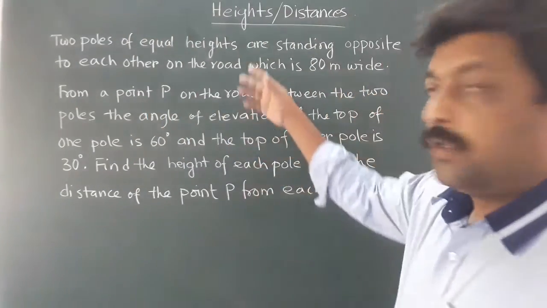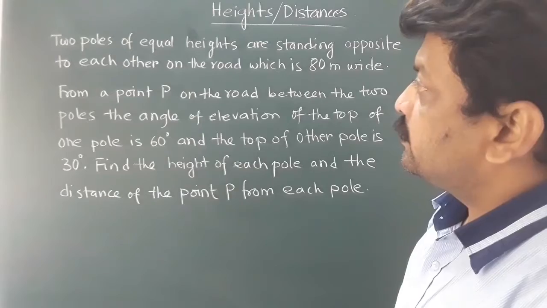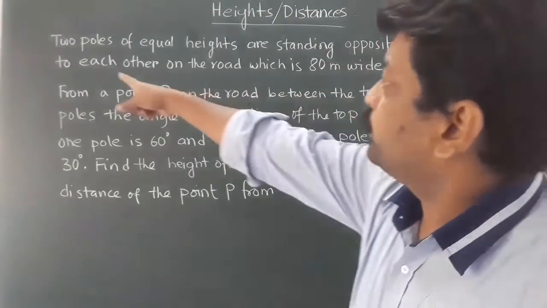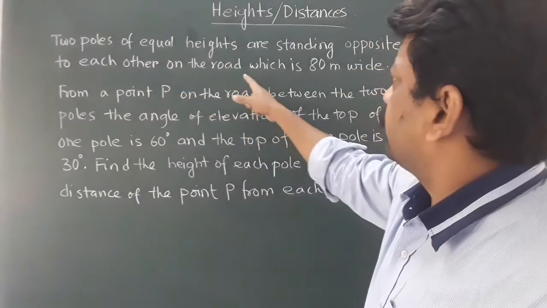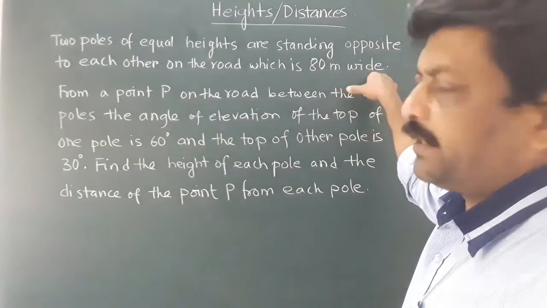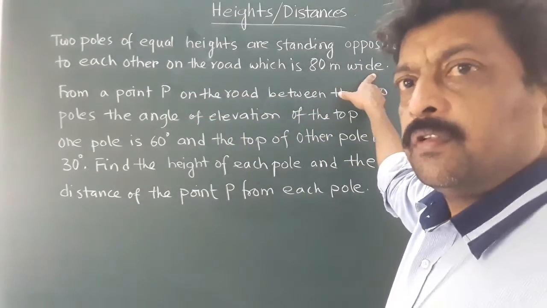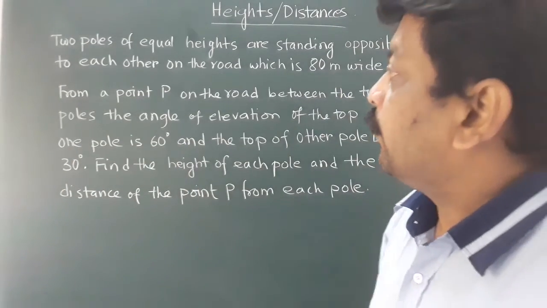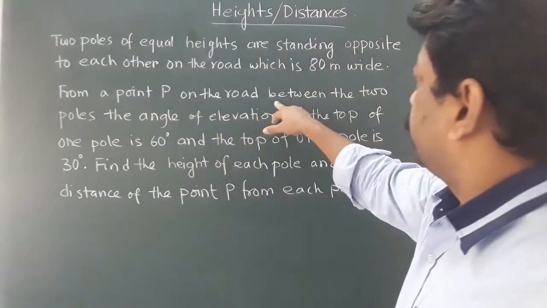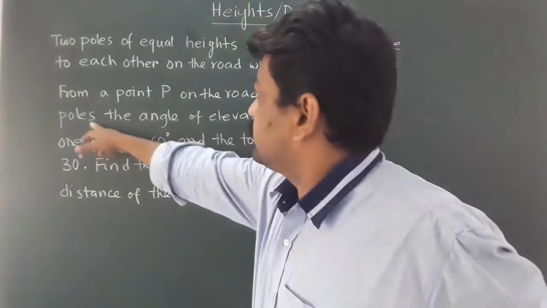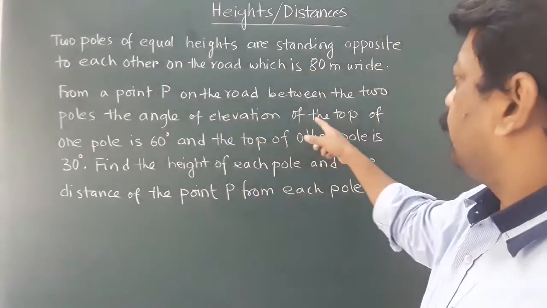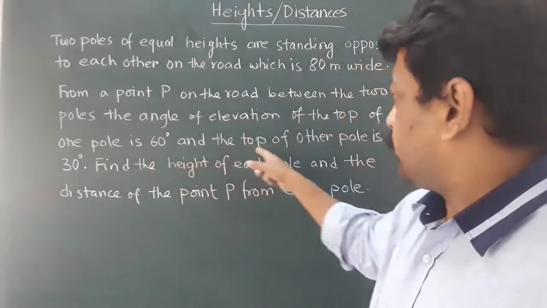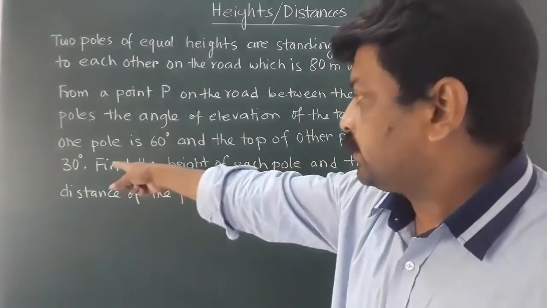So students, here is the question. As you can see, two poles of equal height are standing opposite to each other on the road which is 80 meter wide. From a point P on the road between the two poles, the angle of elevation of the top of one pole is 60 degree and the top of the other pole is 30 degree.